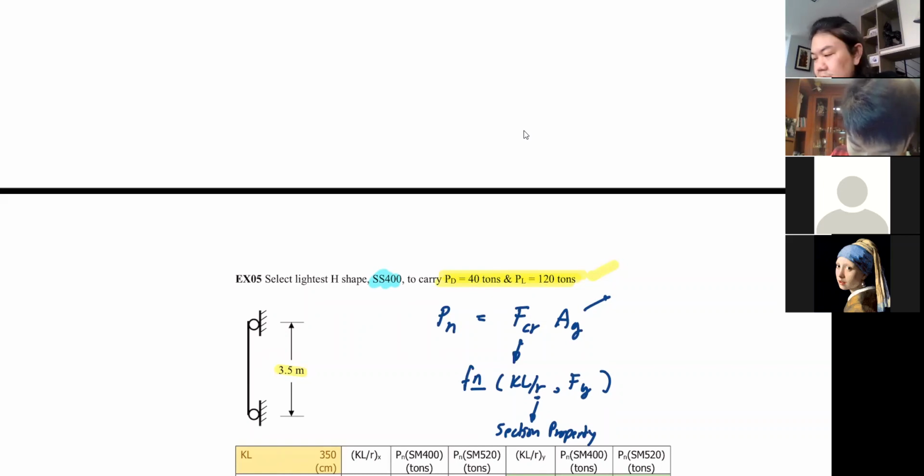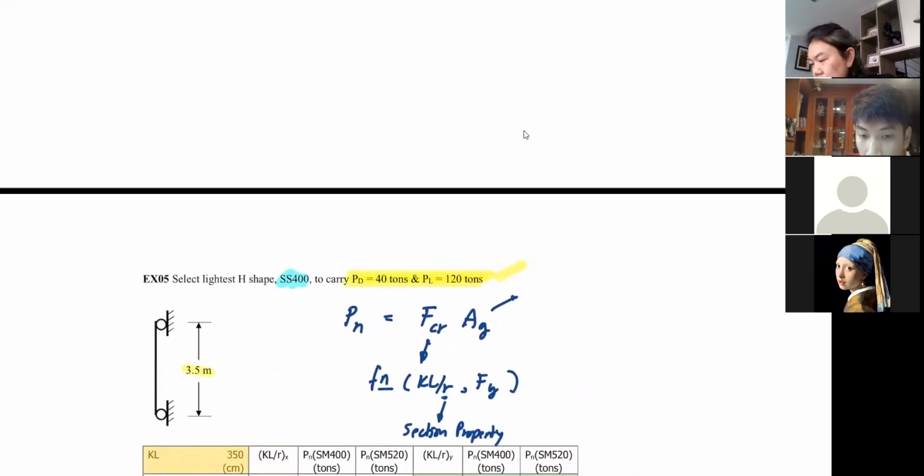So I have posted this a few days ago, that we have table A that contains the compressive strength of every member based on TIS on each KL over R. Okay, so we're gonna have that design aid, and I don't think it's beneficial to anyone to withhold such useful information. So I'm giving this to every student now, but before we do so, we have to take a look at this.